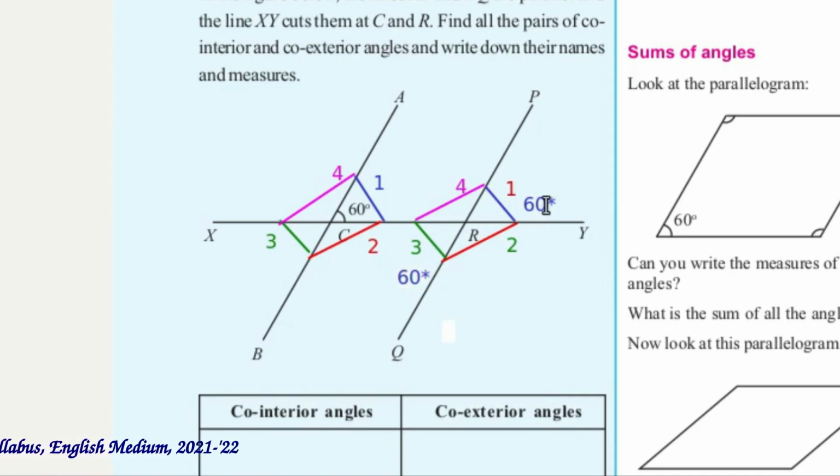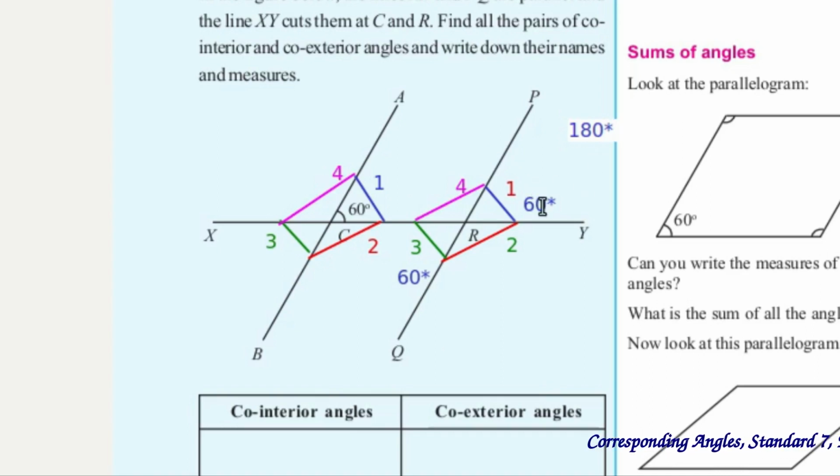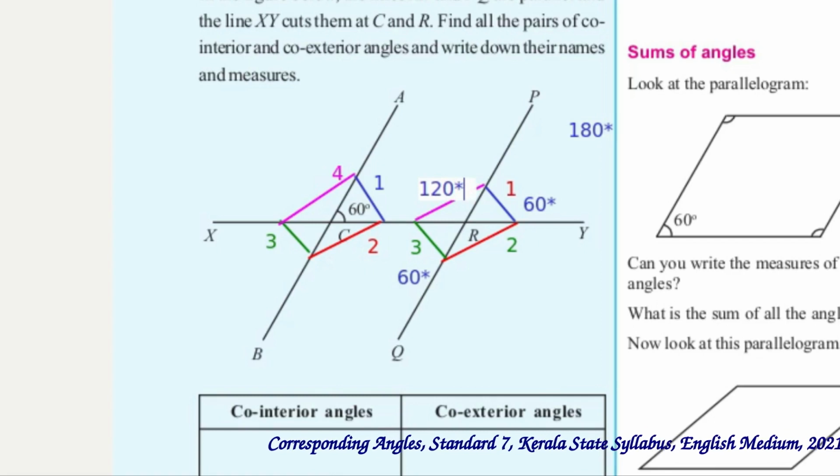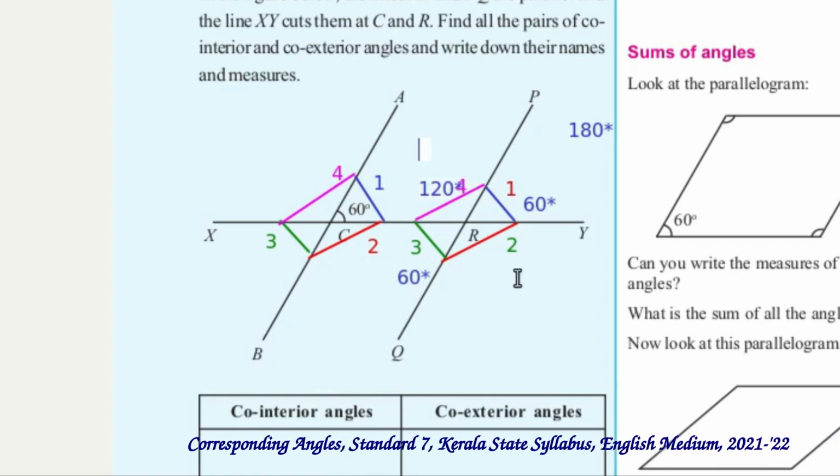If this is 60 degrees, how much will this side be? I told you earlier that if you keep a protractor here, in total you get 180 degrees. If you subtract 60 degrees from 180 degrees, you get this side. So this is 120 degrees.